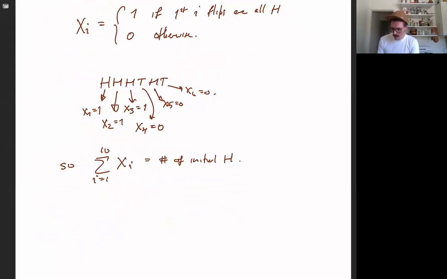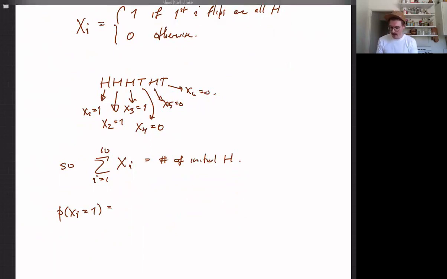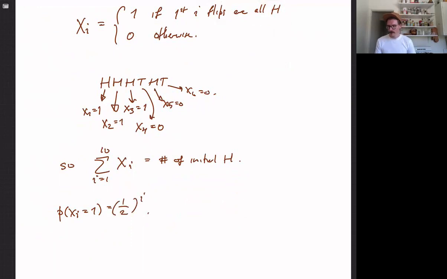The probability that xi equals 1 is the probability that you flip a coin i times and get heads every time. That's just 1/2 to the i. You can think of that in a binomial distribution way if you want, but you can also just think of it as a product rule, because we're prescribing the outcome for every single coin flip.